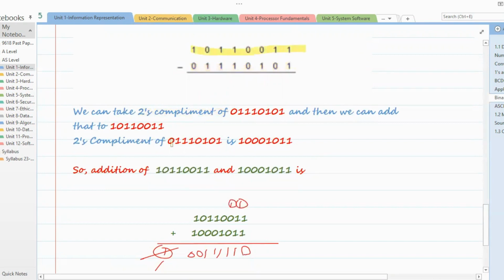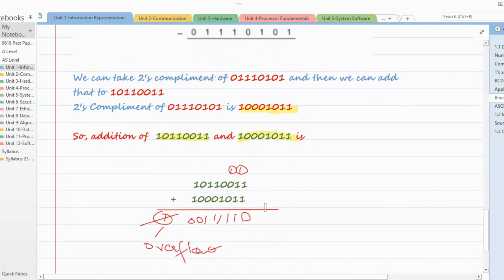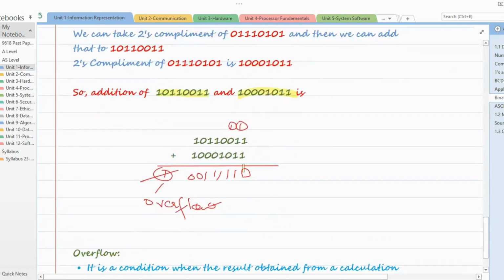So 2's complement of the lower number is 10001011. So we'll add both the numbers, and the addition is this. 1 plus 1 is 0 with 1 carry bit, and so on through the remaining bits.